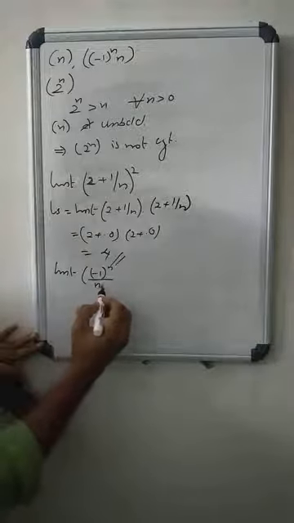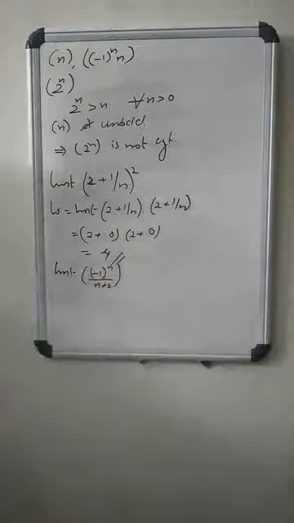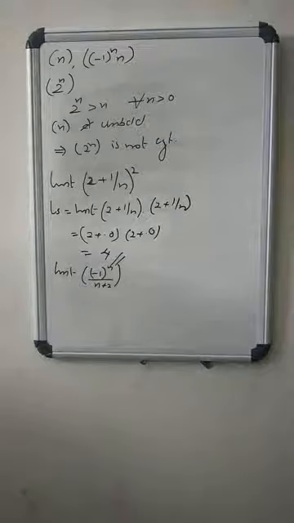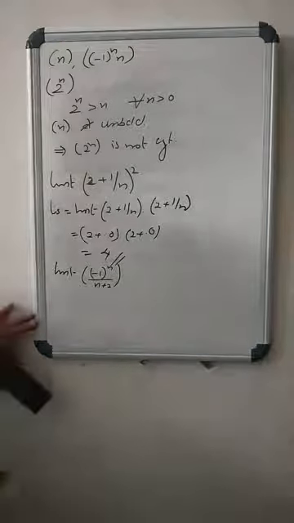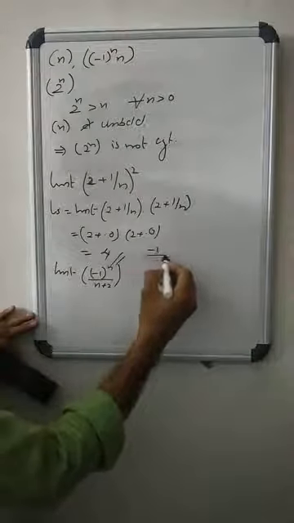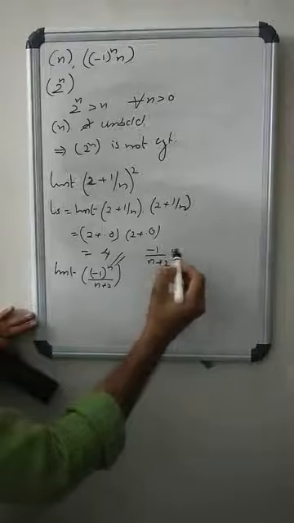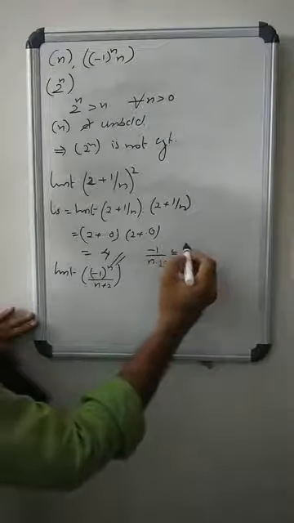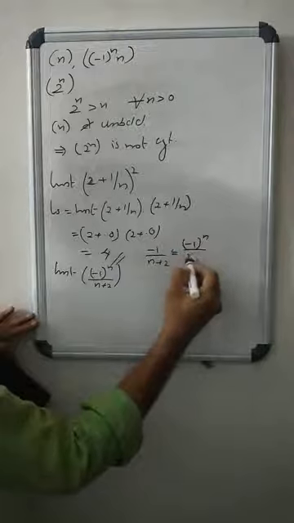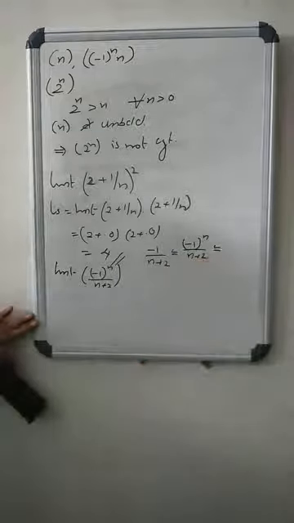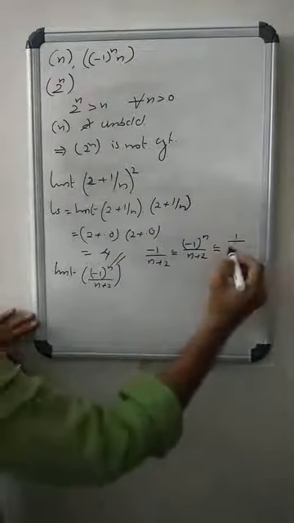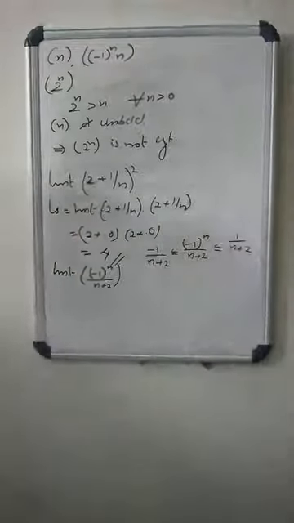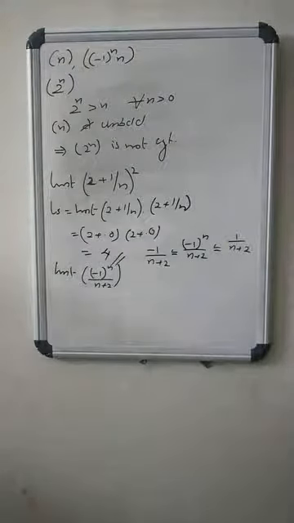Now, how do we find the limit of (-1)^n divided by (n + 2)? We know that -1/(n + 2) is less than or equal to (-1)^n/(n + 2), which is less than or equal to 1/(n + 2).